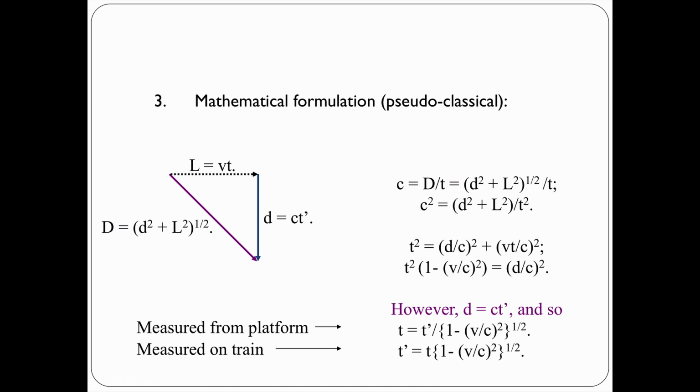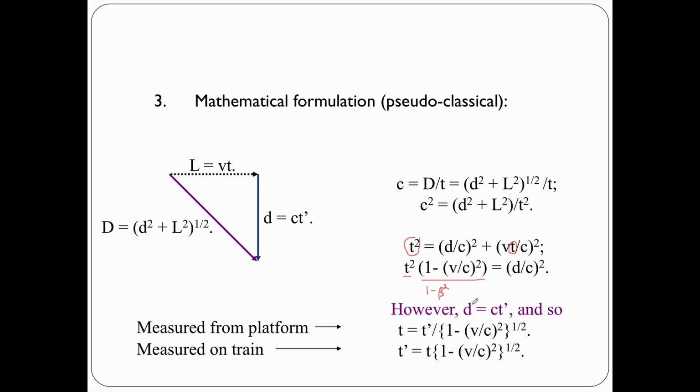This should start to look familiar now. We see that there's a t here and a t here. So all we're doing is factoring out this t squared and this t squared. So we have t squared times 1 minus v over c squared, that's 1 minus beta squared, is equal to d over c squared.